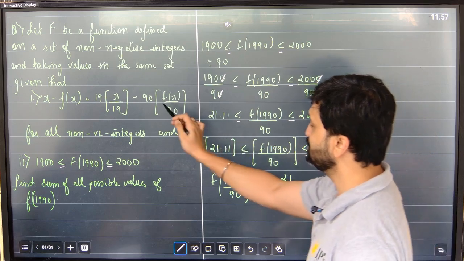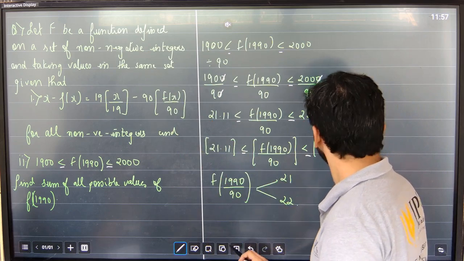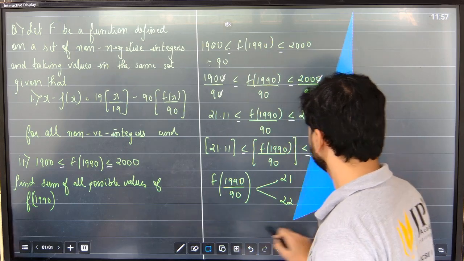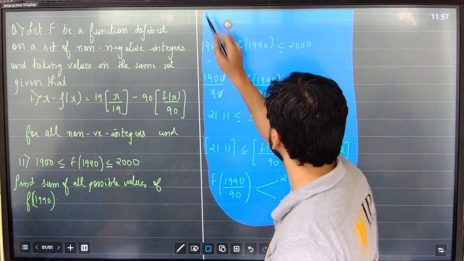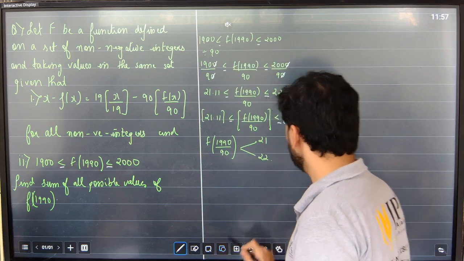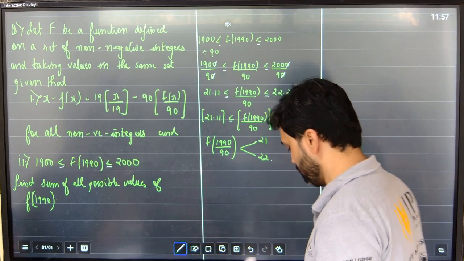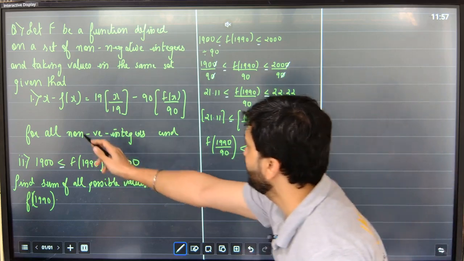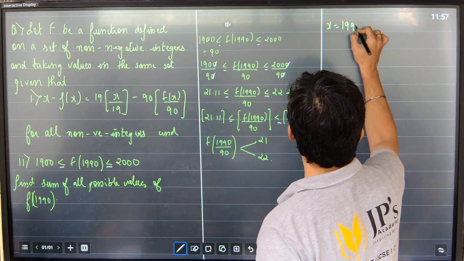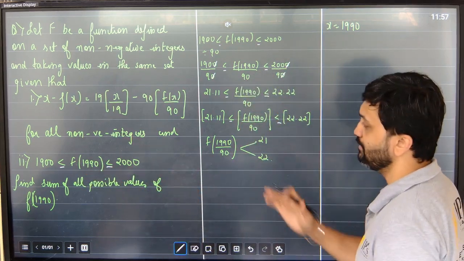What I'll do is substitute this value in equation 1. My equation 1 is x minus f of x and so on. Now I know that the value of x is 1990, because we have to find f of 1990.